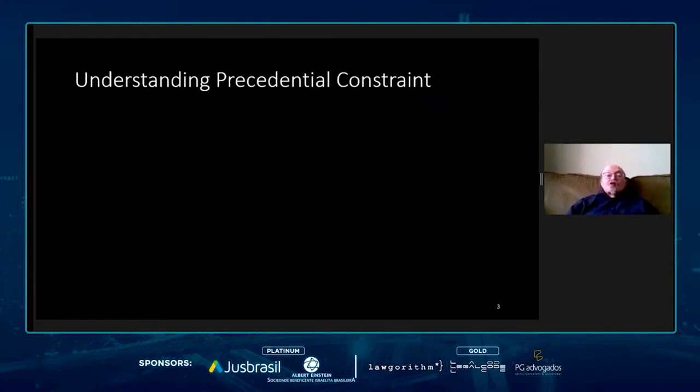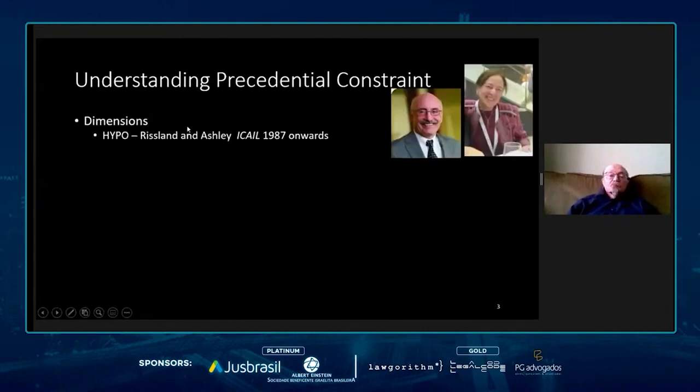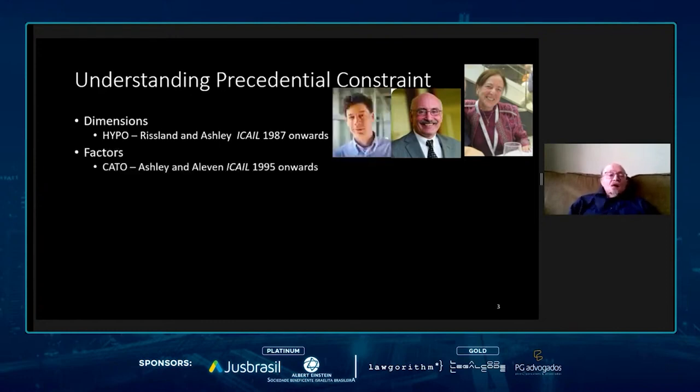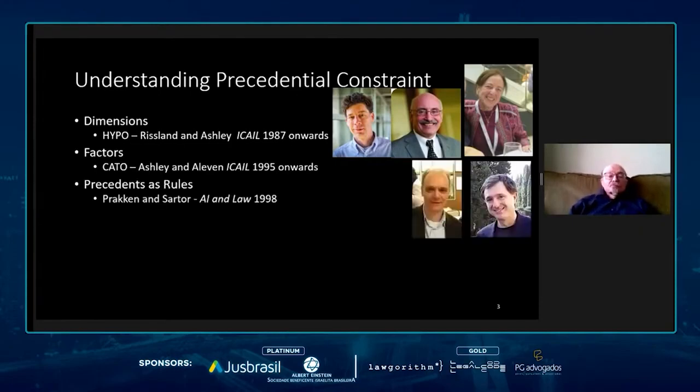So the history of understanding precedential constraint is a lengthy one. At the very first edition, Edwina Rissland and Kevin Ashley presented a paper which understood it in terms of dimensions. From 1995 onwards, CATO, with Vincent Aleven and Kevin Ashley, introduced the notion of factors. Then Henry Prakken and Giovanni Sartor showed us how we could write precedents as rules.